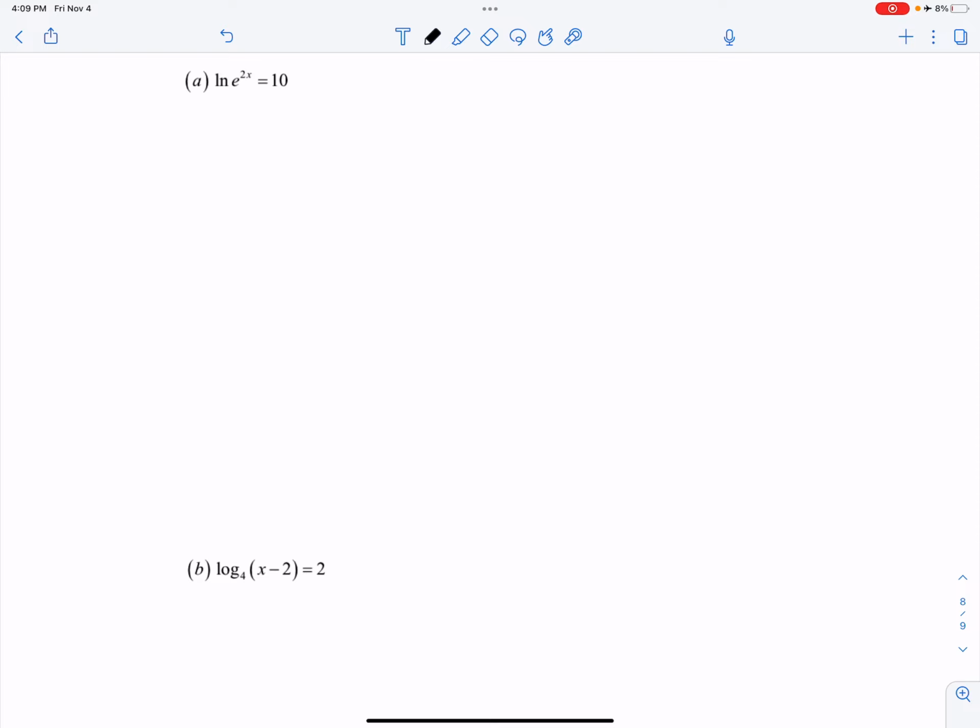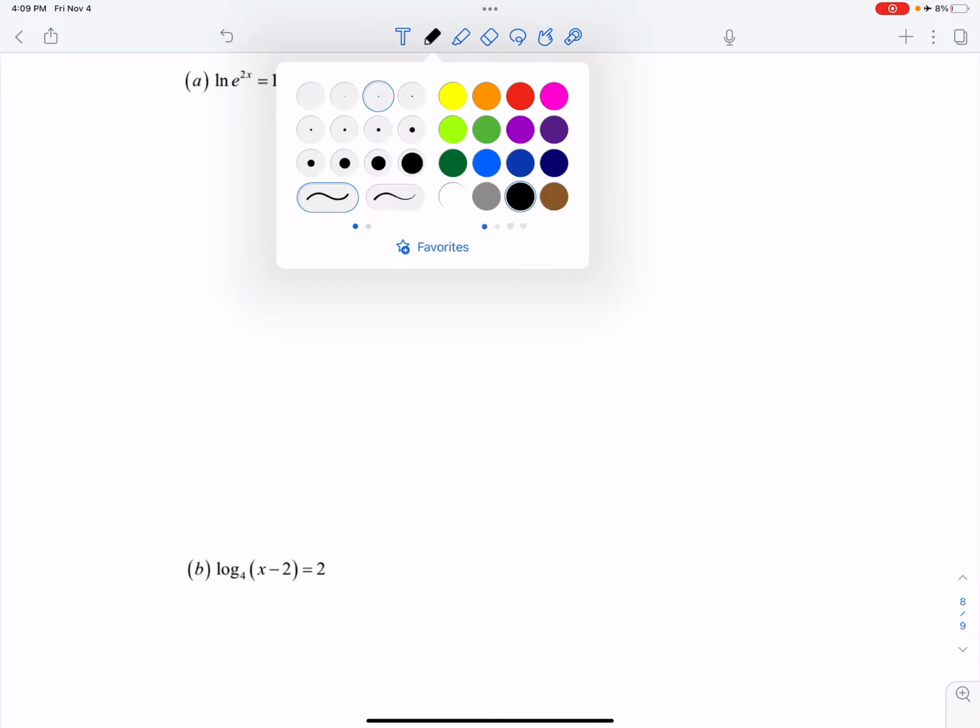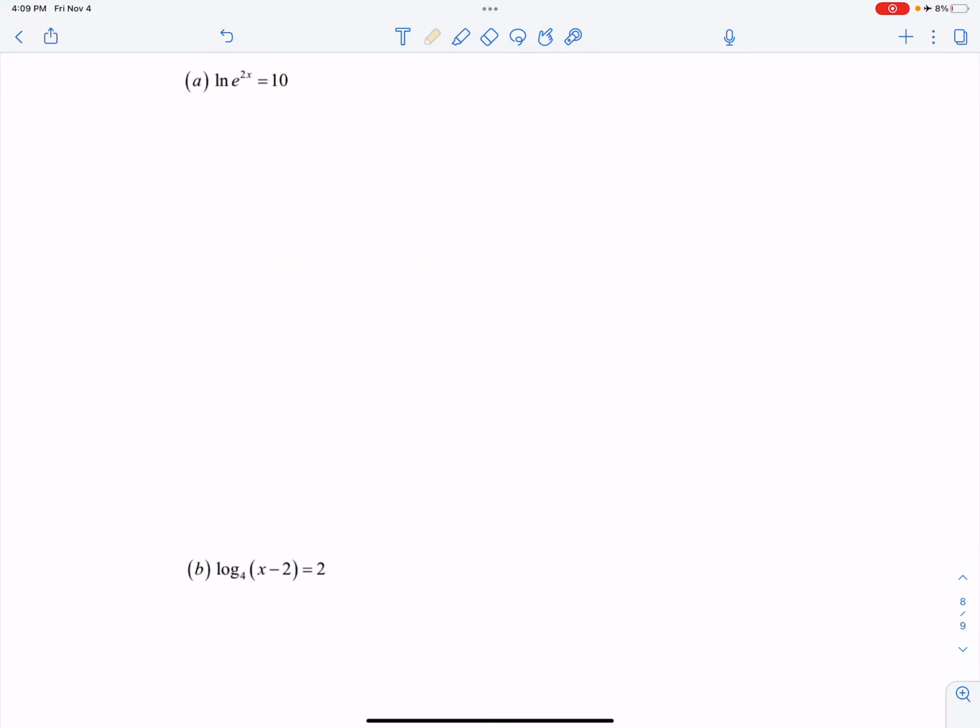Well, first, let's rewrite as an exponential form.